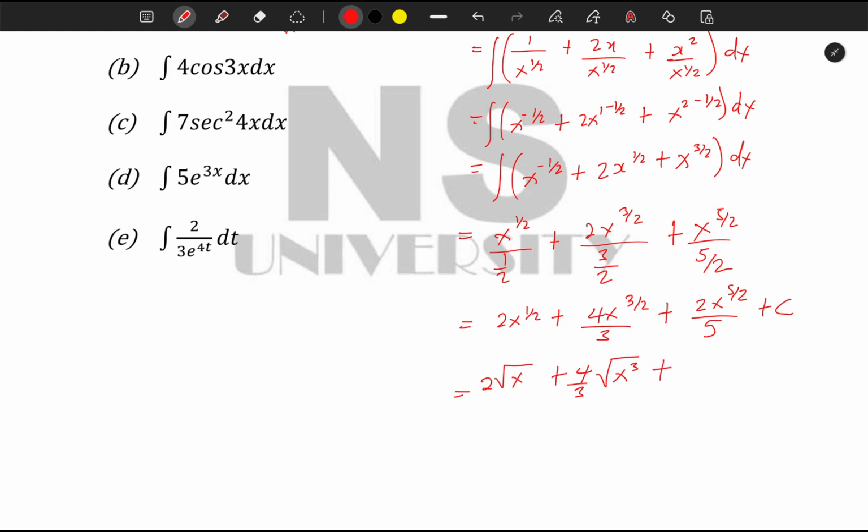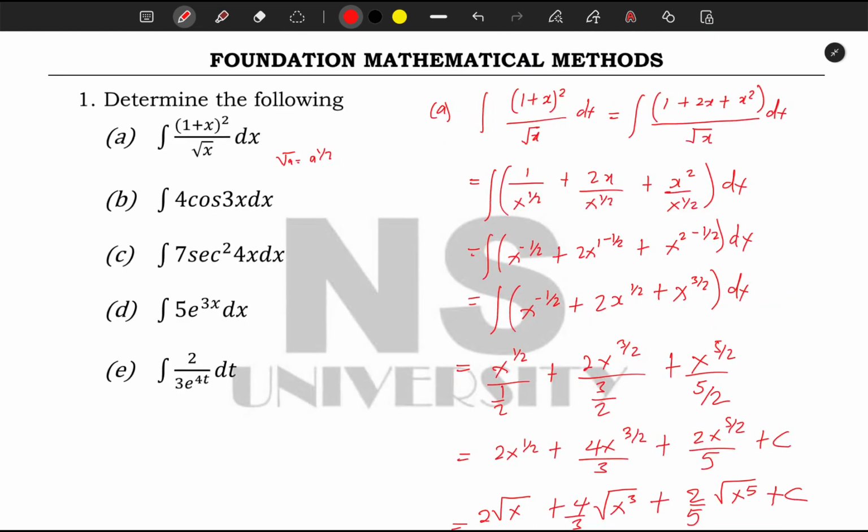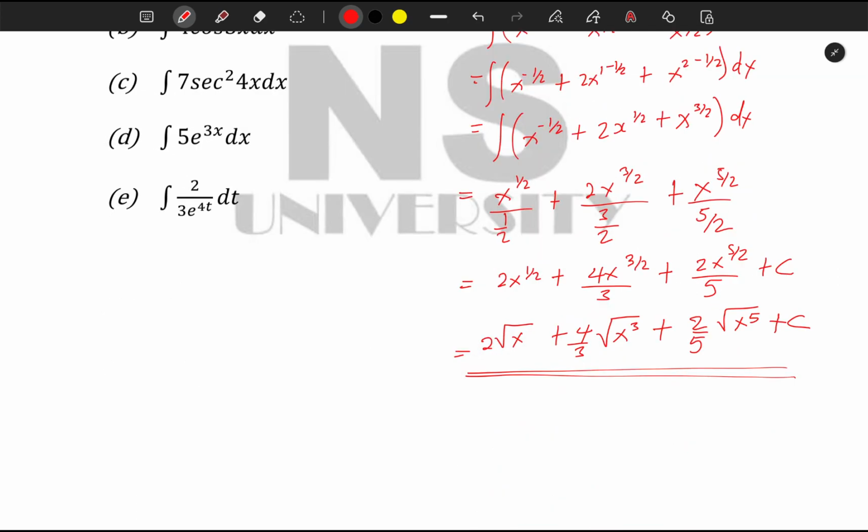Plus, here we have 2 over 5, same thing here, the square root of x to the power 5, plus c. You can do it like that. You are still doing the correct thing, if you know what you are doing. But I will encourage you to leave it the way it was before, because in the beginning it had roots. All right, so we are done for this one.